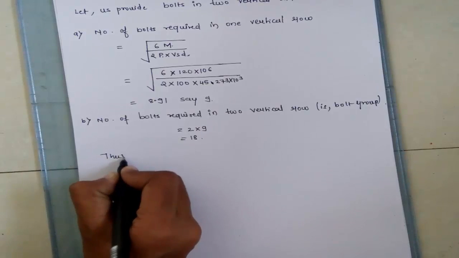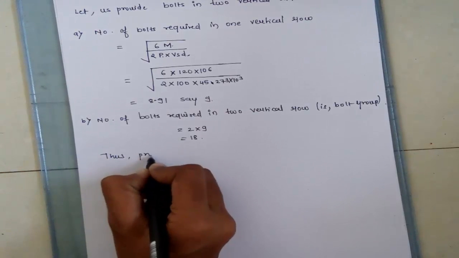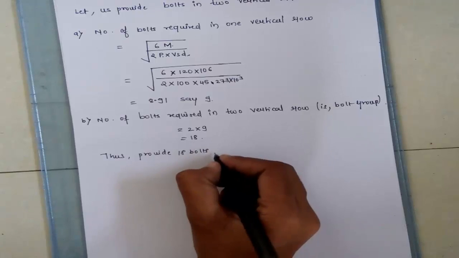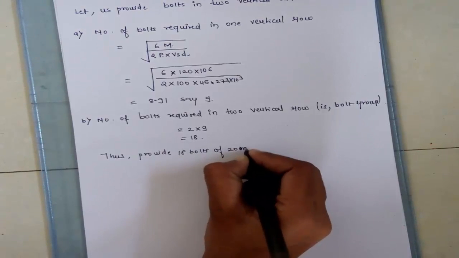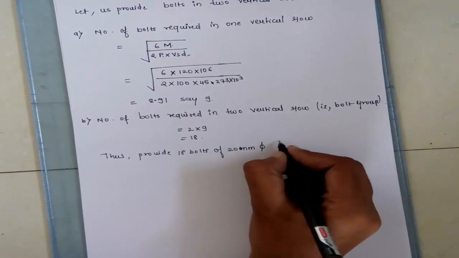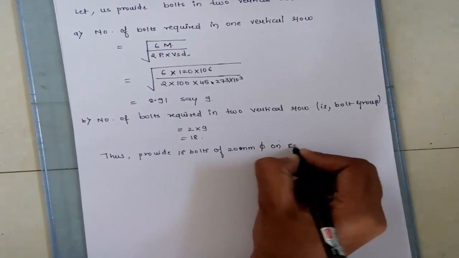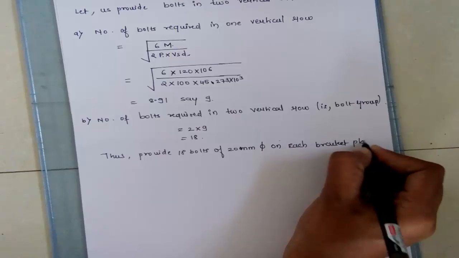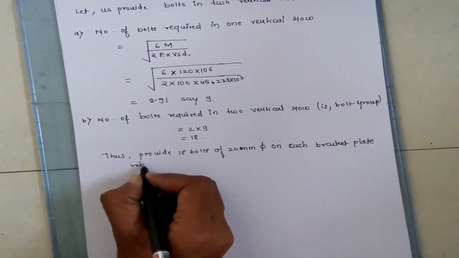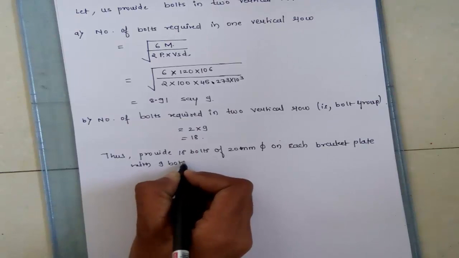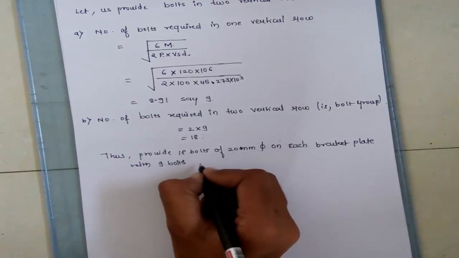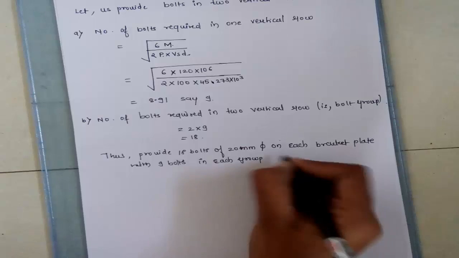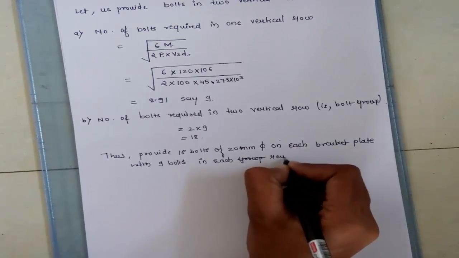Thus provide 18 bolts of 20 mm diameter on each bracket plate, with 9 bolts in each group, or you can say each row.